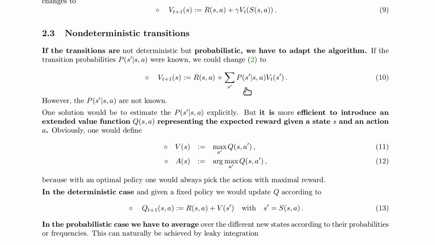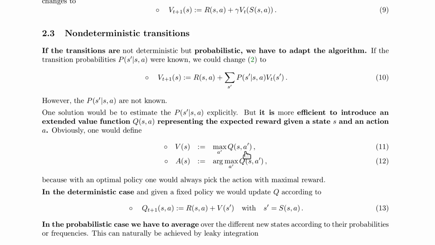So what you actually do is you learn the so-called Q function that's expressed down here. The Q function assigns a value to a particular state action combination. So the values are now not assigned to a state, but to a state action pair.